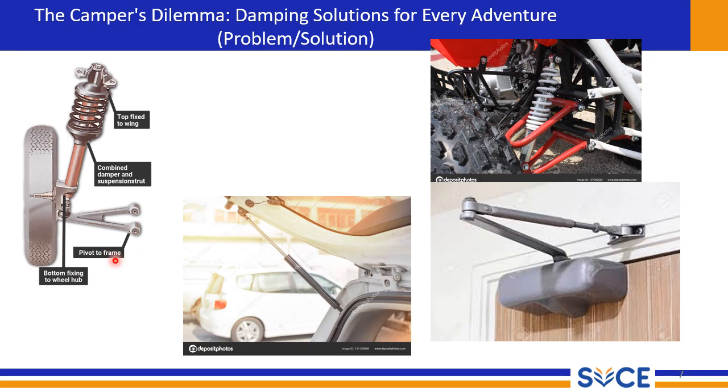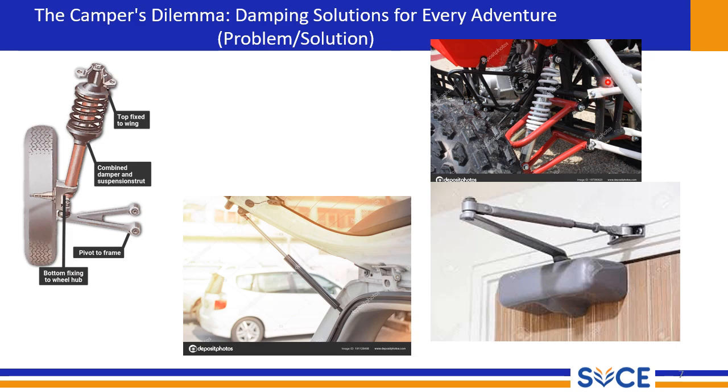What exactly is damping? Think of a shock absorber. This diagram shows how it works. It's designed to dissipate energy, preventing excessive bouncing and vibrations. This principle applies to so much more than just your car. For off-road enthusiasts like those exploring remote trails on ATVs, damping is absolutely essential.